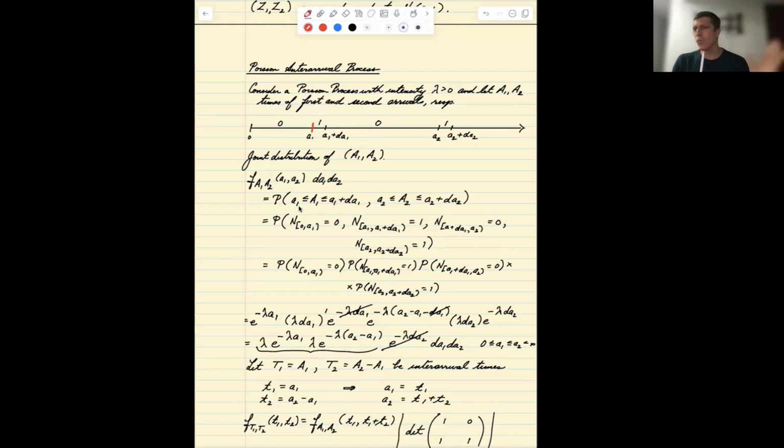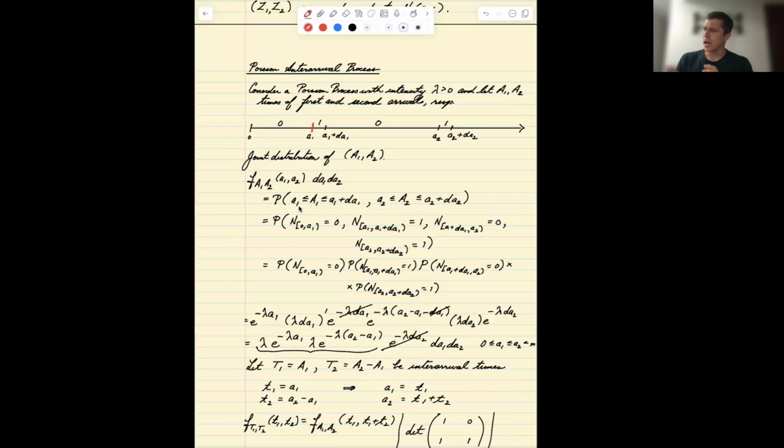This is also tied in with the memoryless property of the exponential. It doesn't matter what's gone on so far in this Poisson process. If you cut it off and say, let's start over from here and treat all of the arrivals from here on as a process, that process is a Poisson process with the same intensity. All of these ideas tie together: the independence of the increments in a Poisson process and the memoryless property of the exponential.